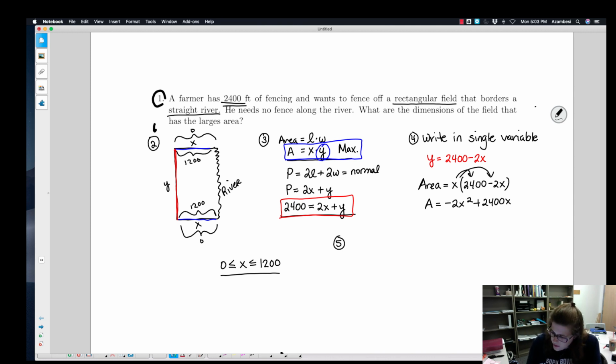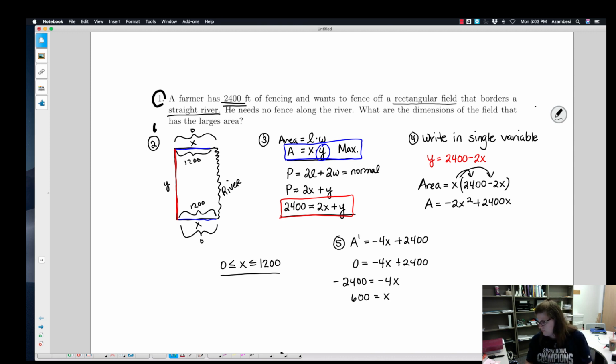So solving that, A prime would be equal to negative 4x plus 2,400. And if I want to set that equal to 0, negative 4x plus 2,400, moving 2,400 over, dividing through by negative 4, we get 600 is equal to x. All right, now we need to make sure that that's within our domain, and it is.